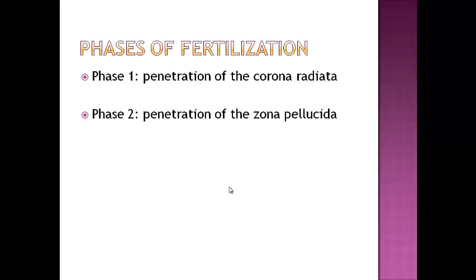So the process of fertilization actually happens in phases, and each phase has a specific event. The first phase is penetration of the corona radiata, which was the first layer that the sperm would encounter if it's trying to fertilize the ovum. And then logically, what would be the next phase? Penetration of the zona pellucida, naturally.